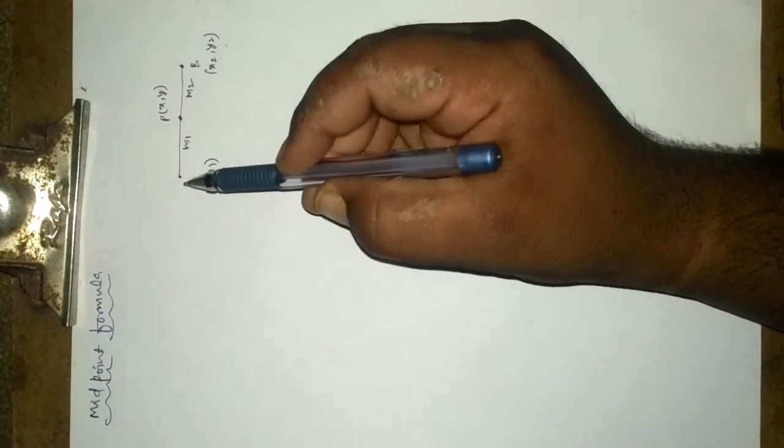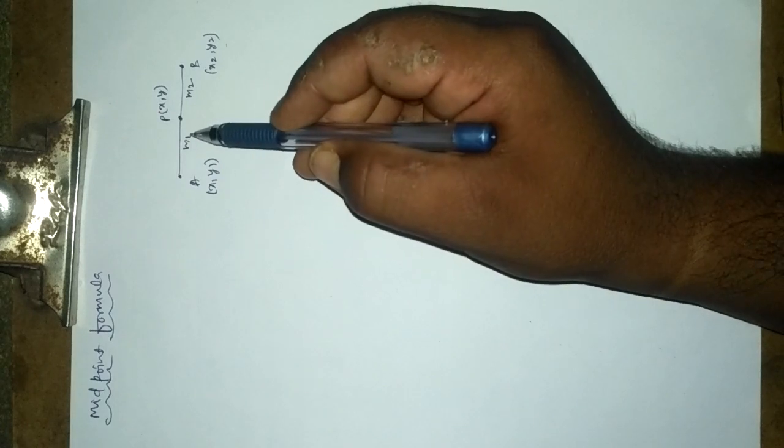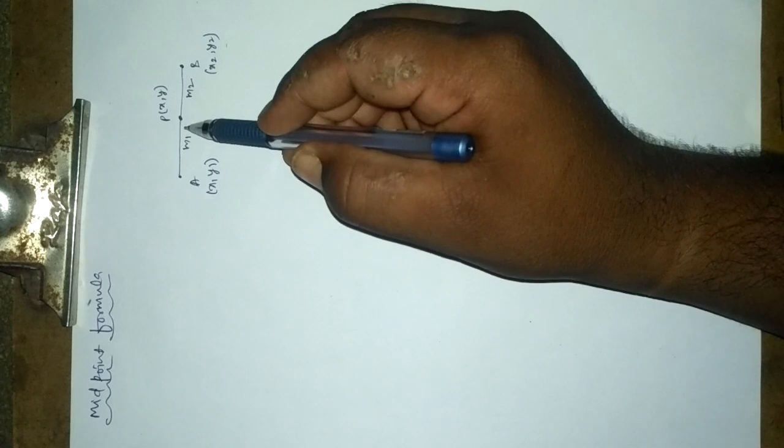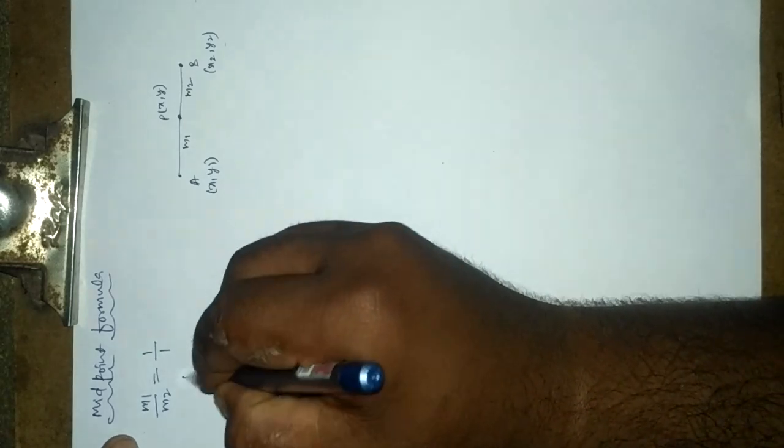This we discussed in the section formula. To find the midpoint, the point divides AB equally into AP and PB. So m1 and m2 are both equal, the ratio will be 1 by 1, or 1 is to 1. With the help of this condition, we are going to derive the midpoint formula.